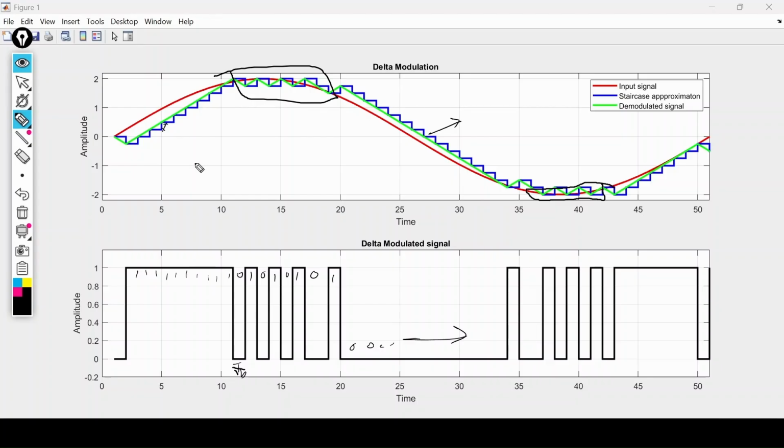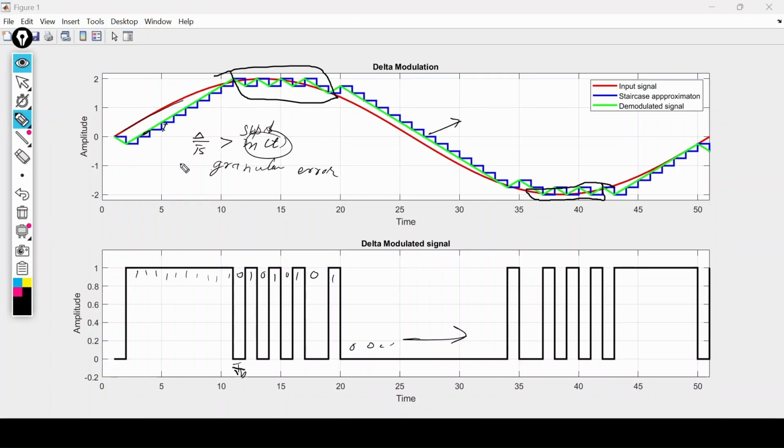In this delta modulation, there are two types of error. You can see that the slope here is delta upon Ts. When this delta by Ts is greater than the slope of m(t), the message slope, then it is called granular error.